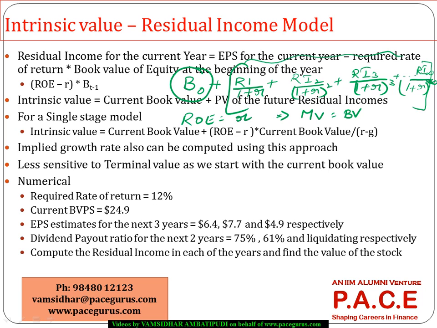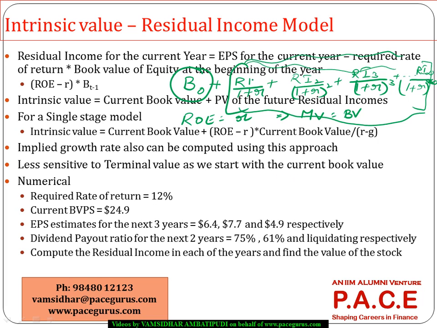And when I look at this entire thing as my future, if I say it's a single stage model, probably I can look at this as an infinite period geometric series.